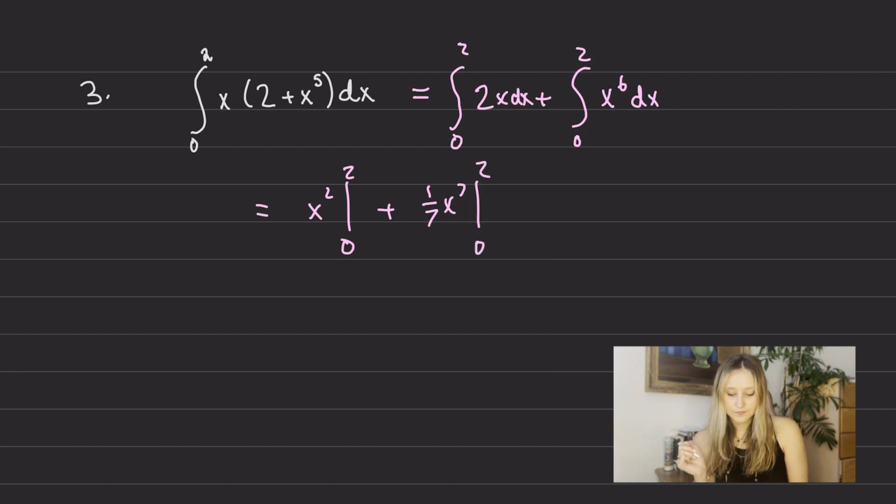So x squared evaluated at 2 is going to be 4. X to the 7th evaluated at 2 times 1/7 is going to be, what is 2 to the 7th? 128 divided by 7. Of course, 0 is 0, when you take it to the 7th power.